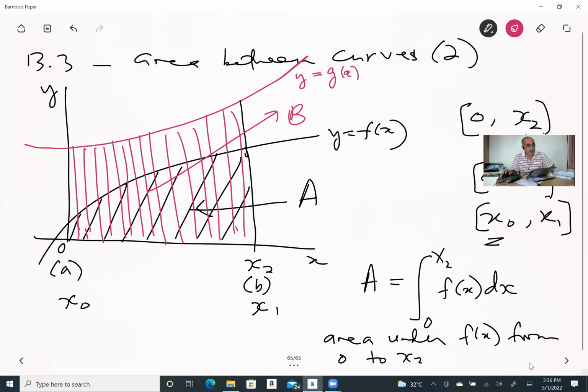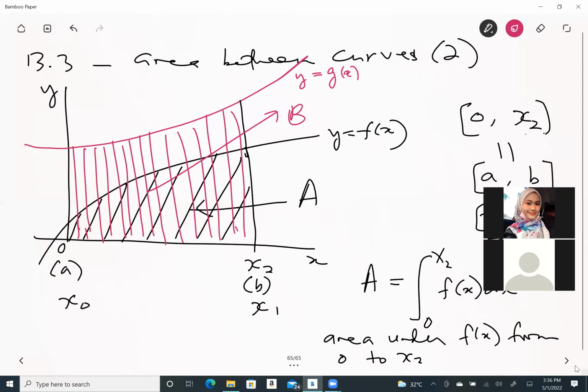Ain Dalili, how can you find the area B? Somebody lah, siapa pun boleh. Cepat. Just try lah.